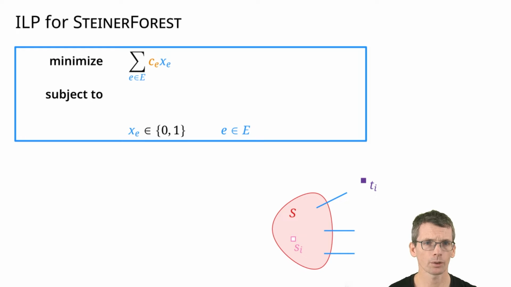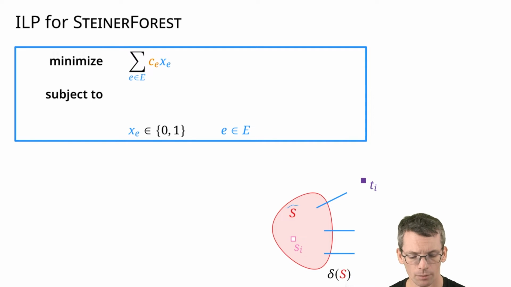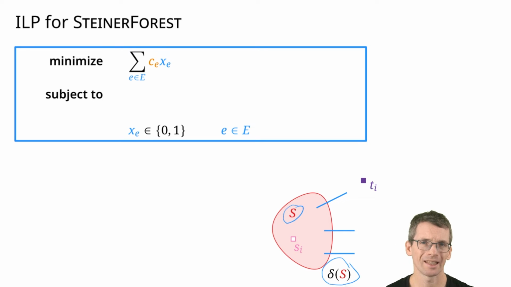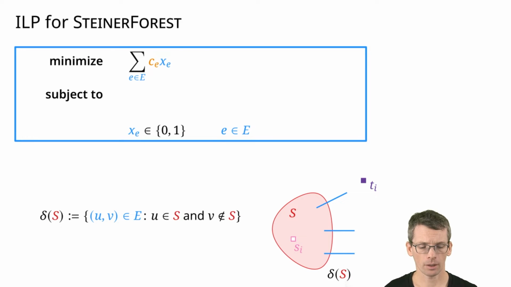So one of those edges I would need to select. I call delta S, if this is my set S, delta S is the set of edges with one vertex in the component, one outside. I should select one of those, so let's say that one.